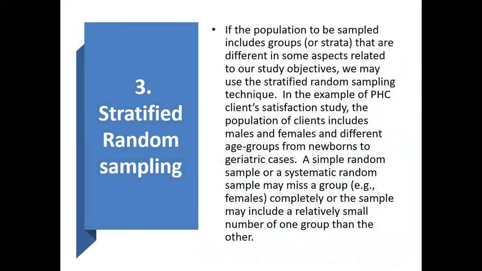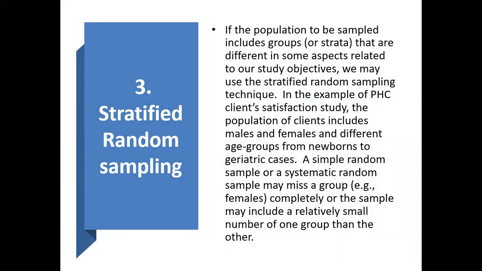Number 3, stratified random sampling. If the population to be sampled includes groups or strata that are different in some aspects related to our study objectives, we may use the stratified random sampling technique.